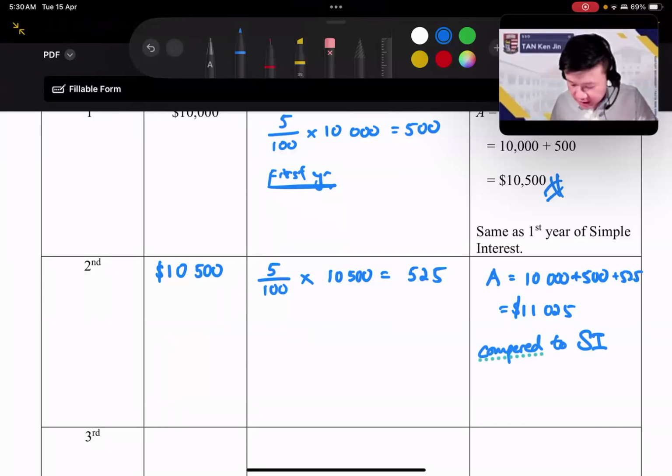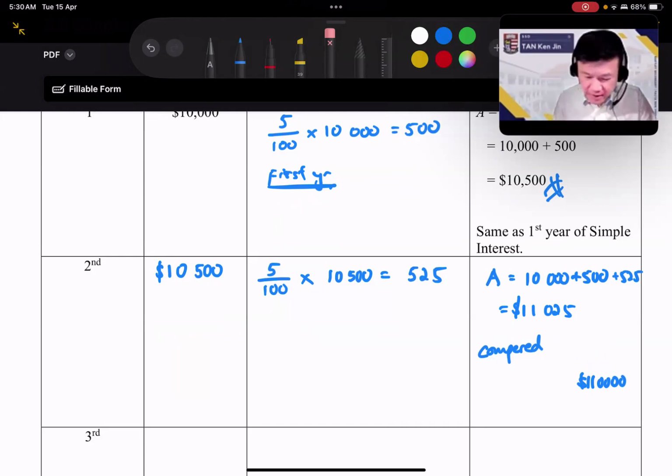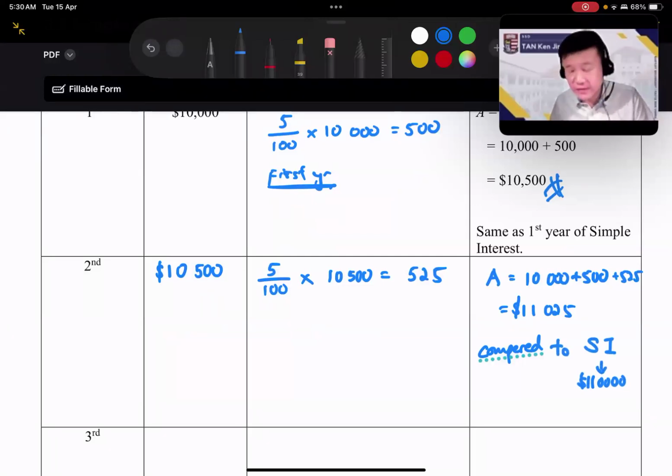Because simple interest was 11,000. It was originally 11,000, and now it's $11,025.